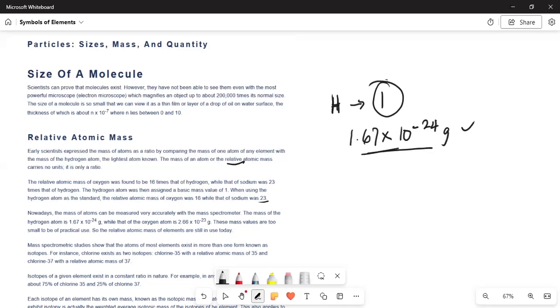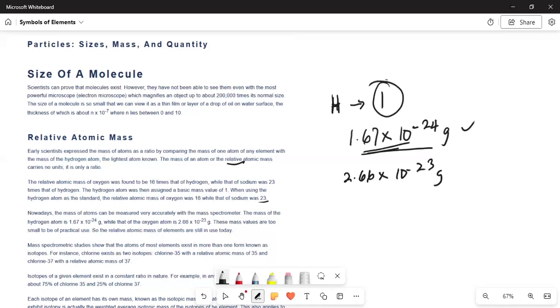Nowadays, we make use of an instrument called a mass spectrometer to determine the actual masses of these atoms of elements. That of hydrogen is this. Oxygen is 2.66 times 10 to the power of negative 23 gram.